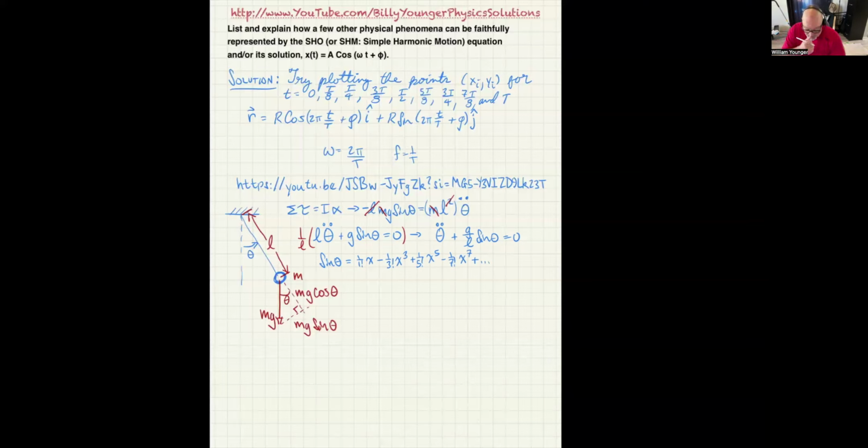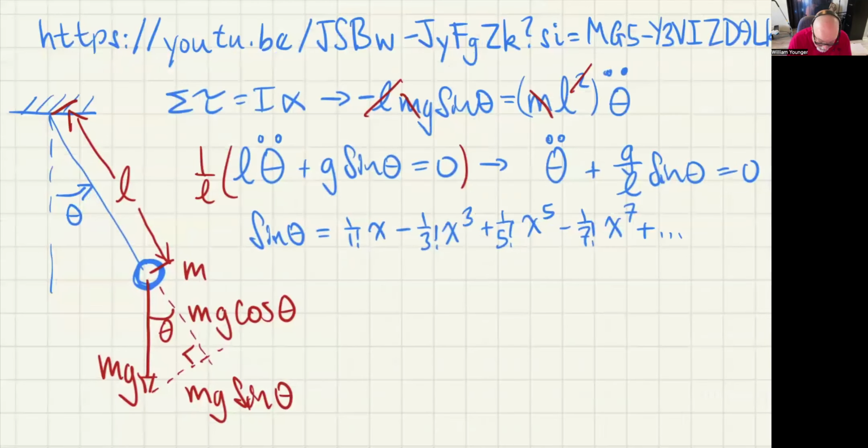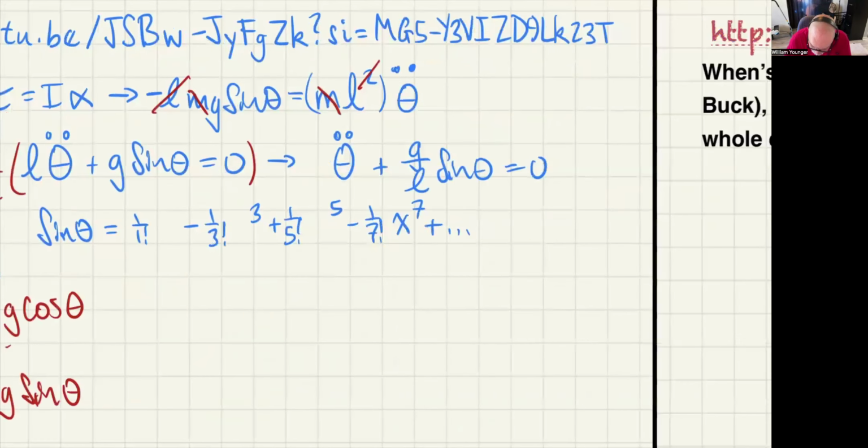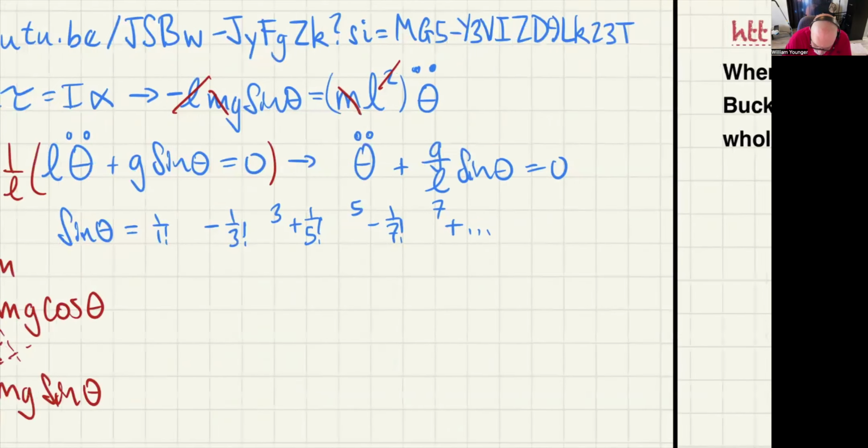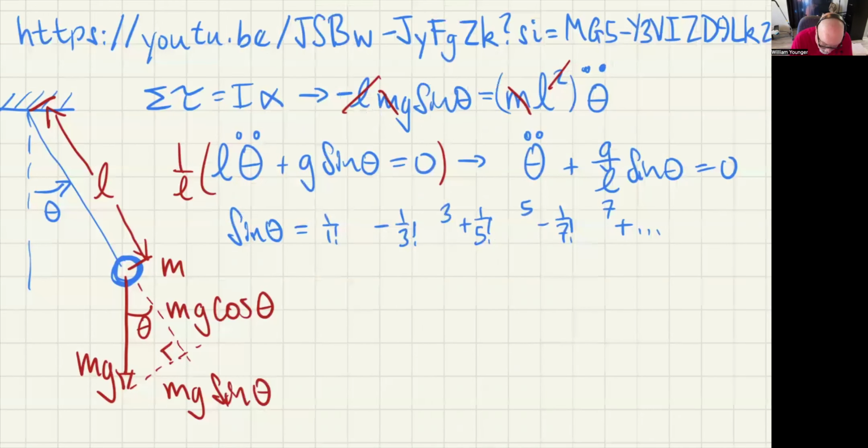But the main thing that we see here is if we choose particularly small values of theta, then the very first term in sine theta is approximately just theta. Okay. Stupid me, I wrote it as x, which was completely erroneous, but let me fix that real quick. What we're trying to see here is that if we did a Taylor series expansion, or in this case a Maclaurin series expansion, then the sine of theta is approximately equal to theta.